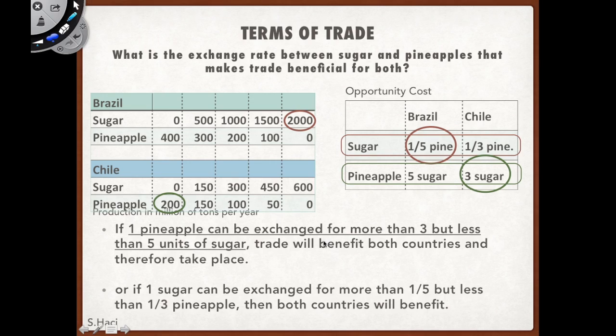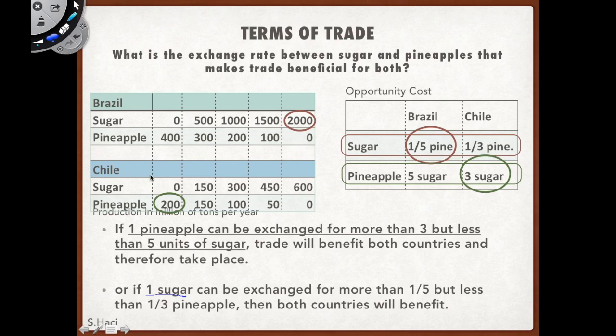So the terms of trade will be more than 3 units of sugar, but less than 5 units of sugar for every pineapple that would be exchanged. You could also express that same exchange rate from the sugar perspective. So 1 sugar could be exchanged for more than 1/5, but less than 1/3 of a pineapple.